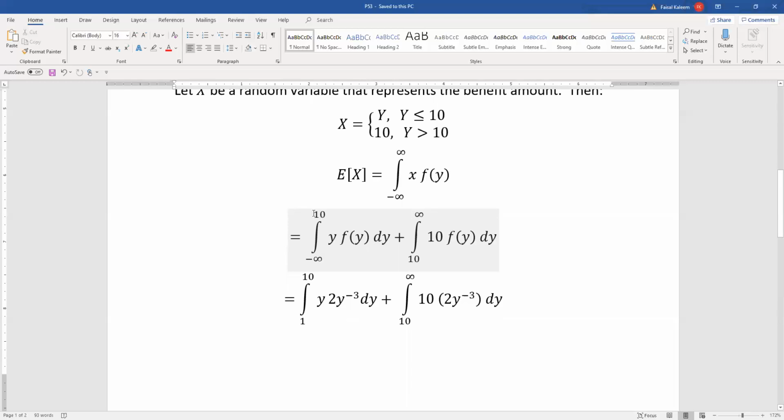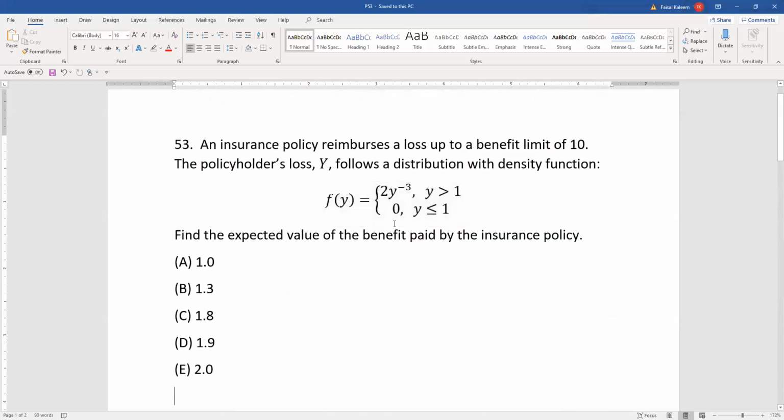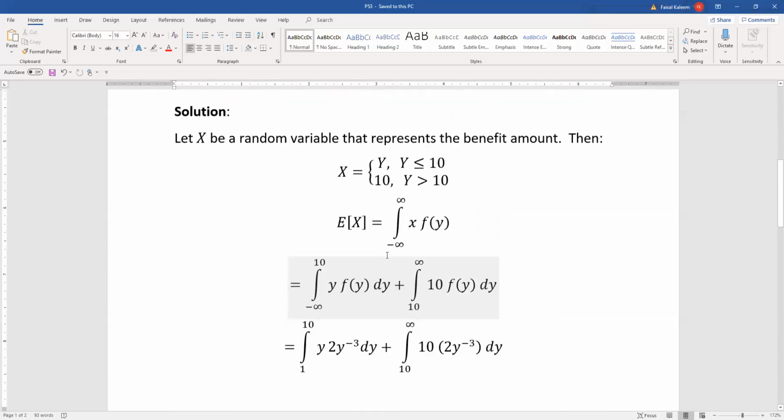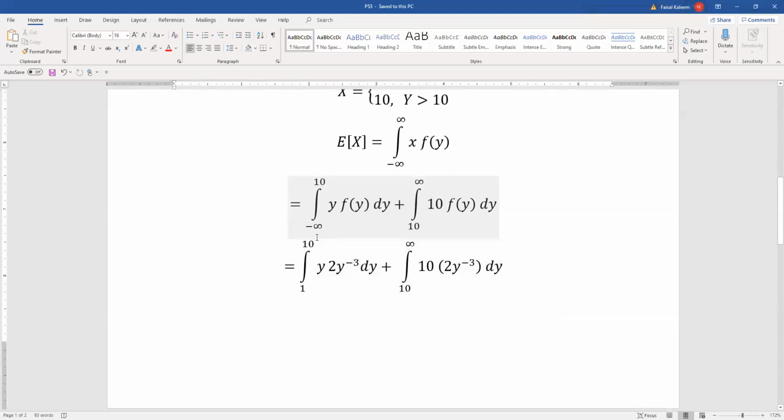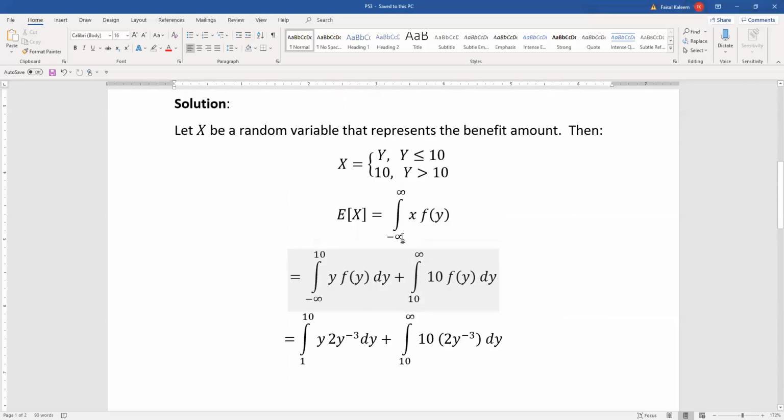From negative infinity to 1, the f of y is 0, right? Negative infinity to 1, you will fall in this range, and from 1 onwards, you are in this range. So effectively, starting from negative infinity means starting from 1. So 1 to 10, y, and then we replace with what fy was, and then 10 to infinity.